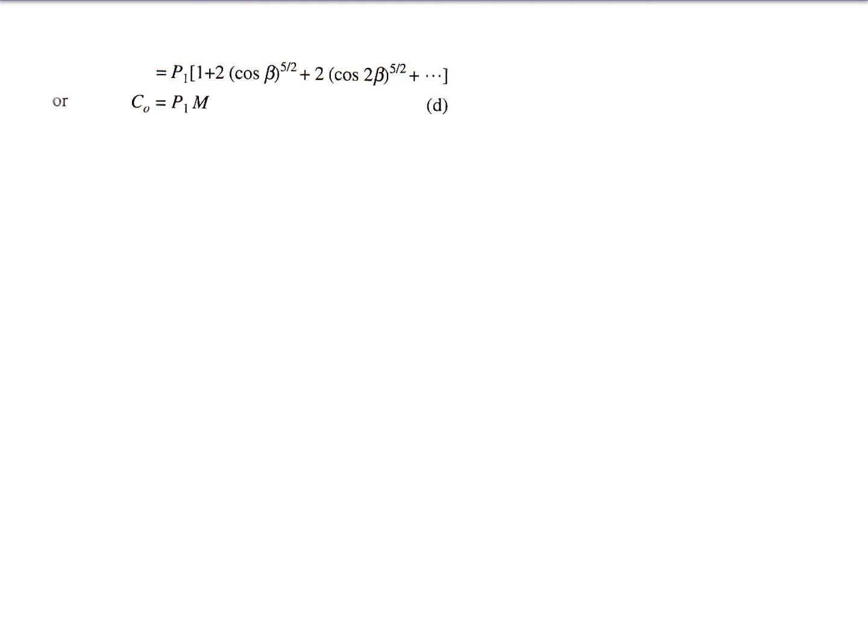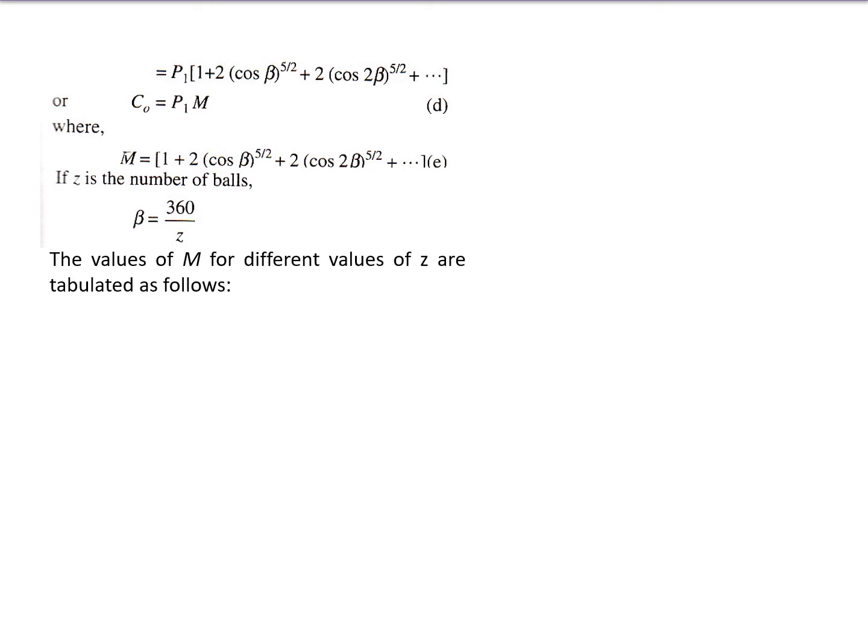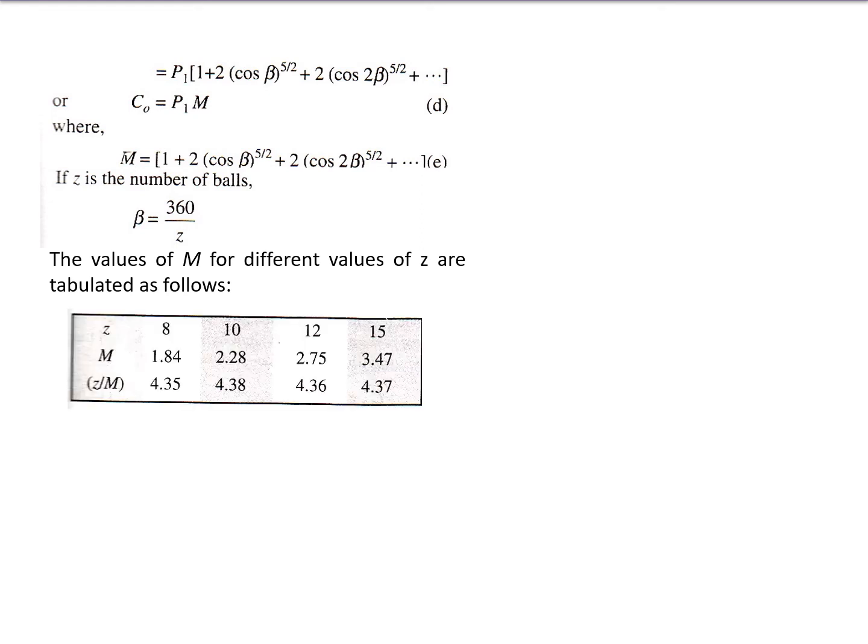Now we can say that C0 is equal to P1 into M. This term, 1 plus 2 cos beta plus 2 cos 2 beta and so on, we consider as M. Now the balls are spread over 360 degrees, so beta is equal to 360 divided by Z. The value of M for different values of Z is tabulated here: Z equal to 8, 10, 12, 15 are considered.